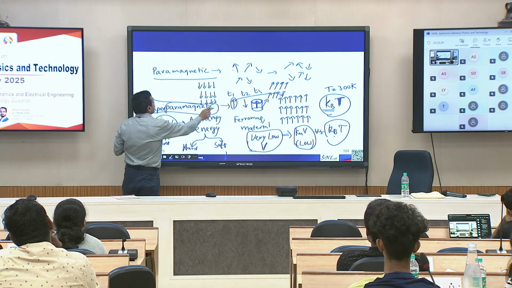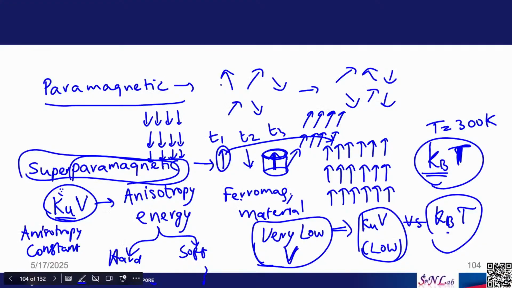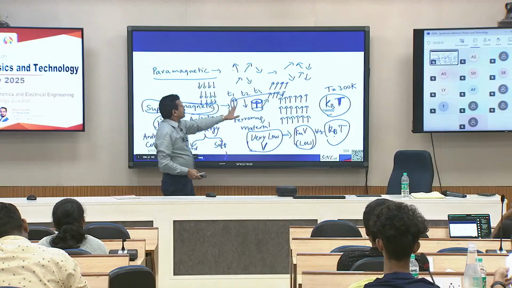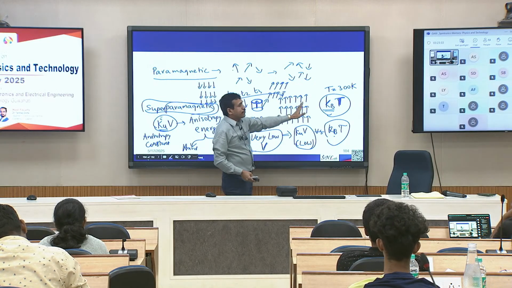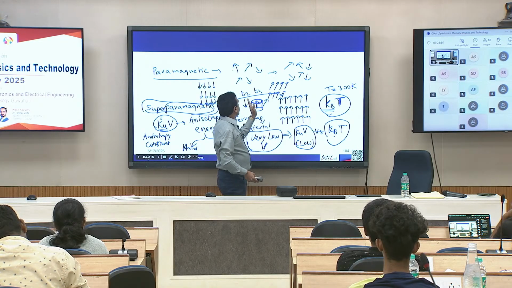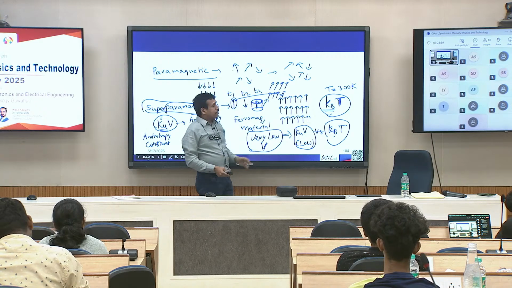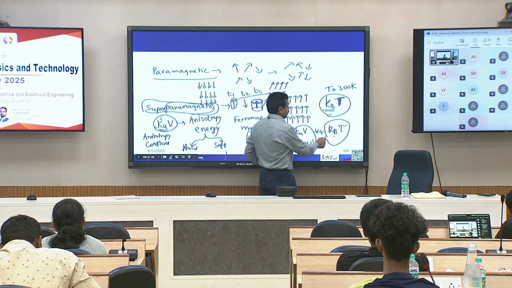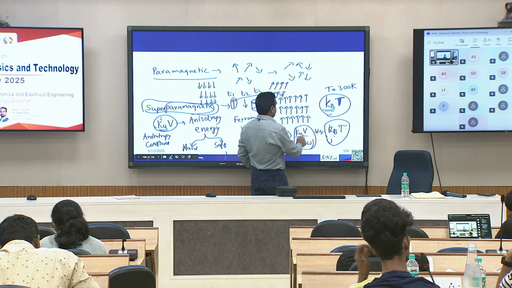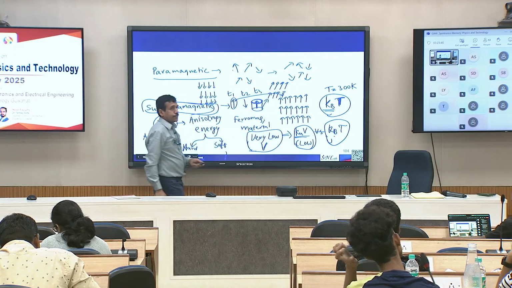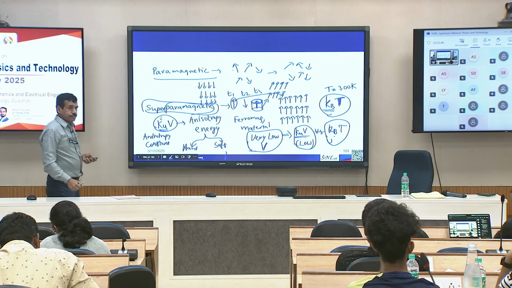So, the term paramagnetism basically refers to this time varying magnetic moment fluctuation. Okay, but here it is still a ferromagnet, okay, because neighboring spins are parallel, but the magnetization fluctuates as a function of time due to this thermal energy competing with anisotropy energy.